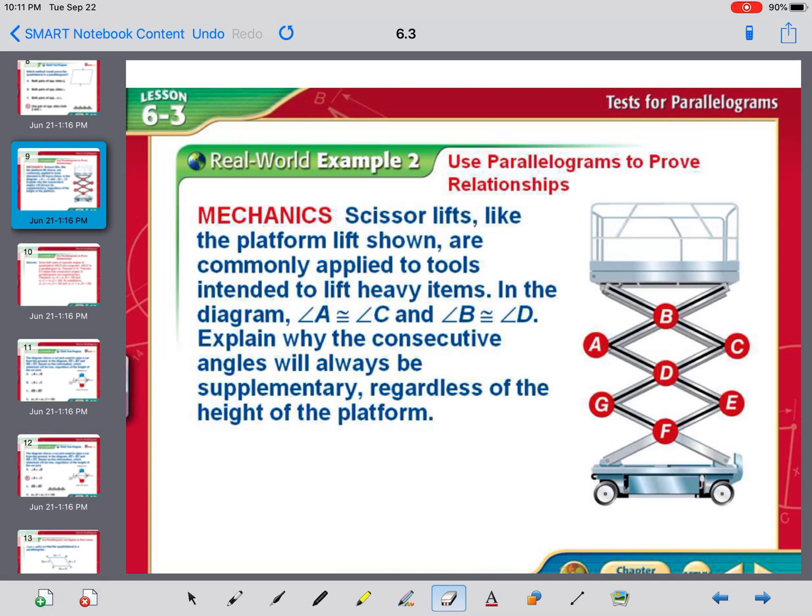This is what we call a scissor lift. They even got the name written there. It says scissor lifts, like the platform shown, are commonly applied to tools intended to lift heavy items. In the diagram, these two angles are congruent, and these two angles are congruent.